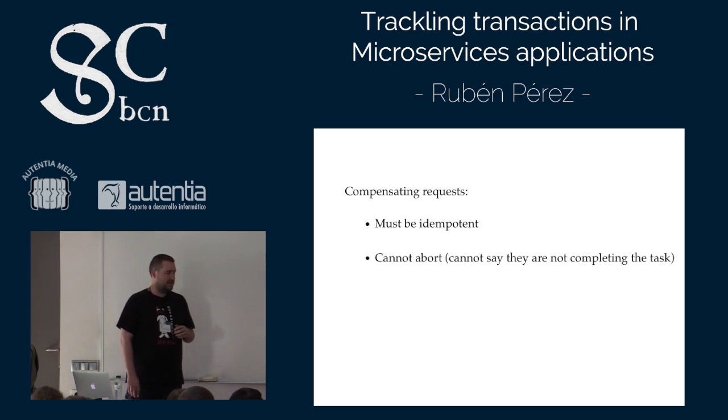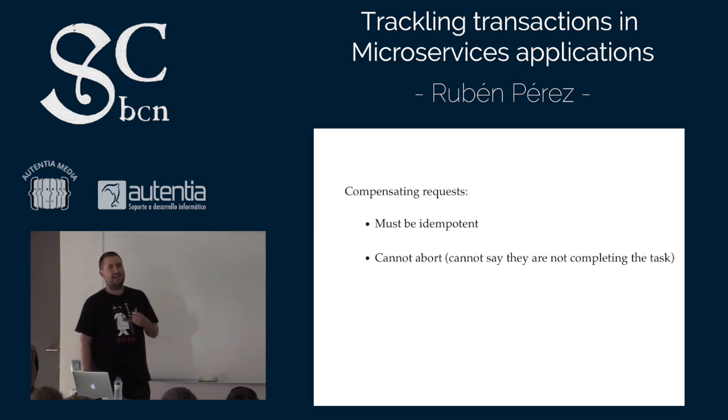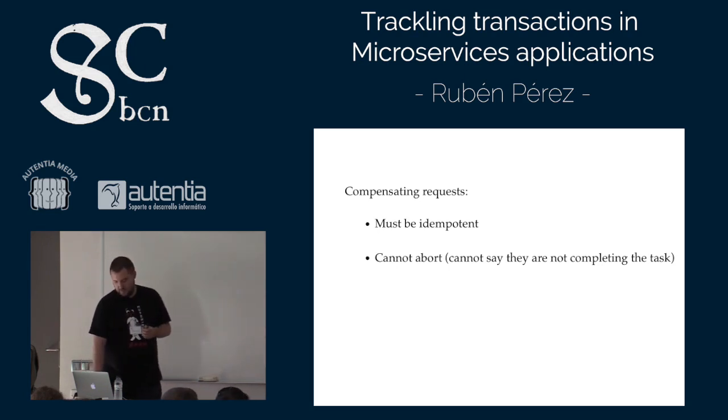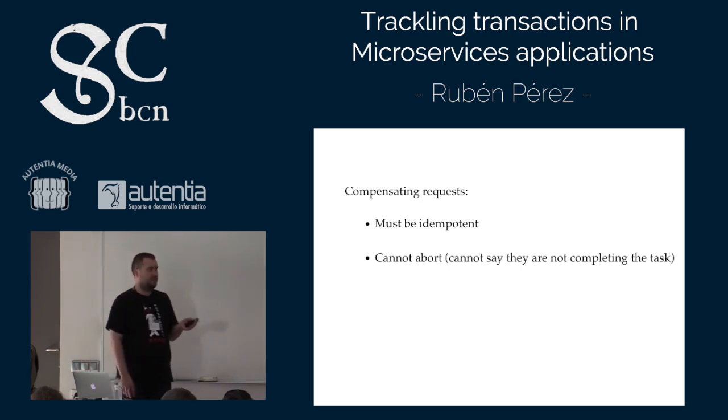So here, first the compensating request. For this approach, the compensating request must be idempotent. You have to be able to retry them until they succeed. It's like the delete verb of HTTP. It's semantically idempotent, so it's not a weird thing.